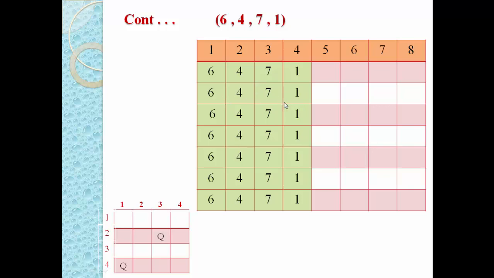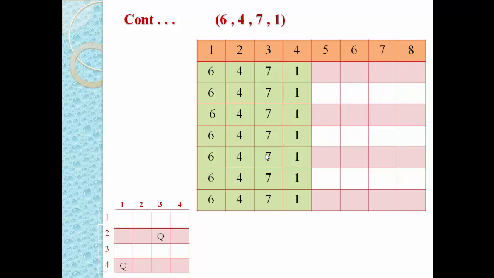Once we are not repeating these values, there is no chance that 2 queens will be on the same column. As per our constraint, 2 queens must not be on the same row or the same column. So there is no chance of that once we place our queens row wise and do not repeat these values.